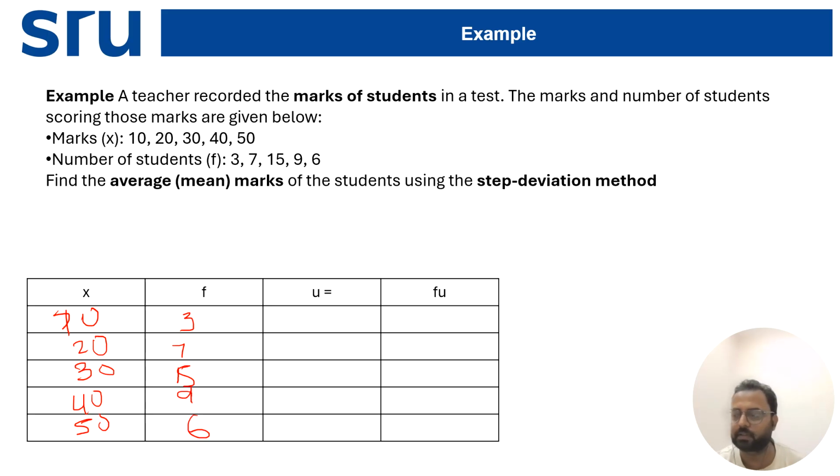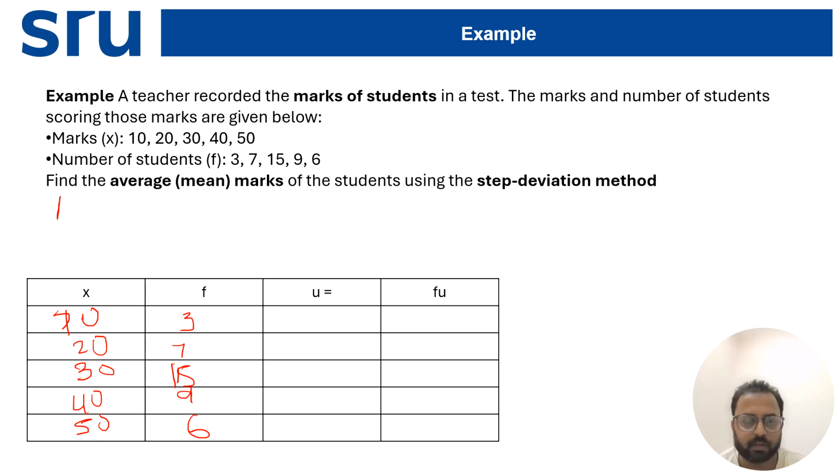Next we find u. To find u, first we assume a. How to assume a? Here we can see that 30 is the middle value, and 30 has frequency 15, which is the highest frequency.